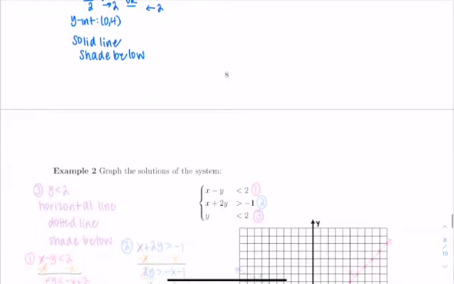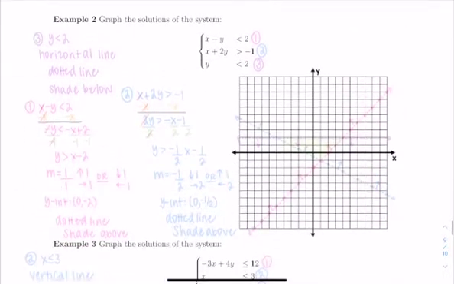Let's try one with 3 equations. We have x minus y is less than 2. We've got x plus 2y is greater than negative 1. And we have y is less than 2. I am going to look at equation number 3 first. y is less than 2.